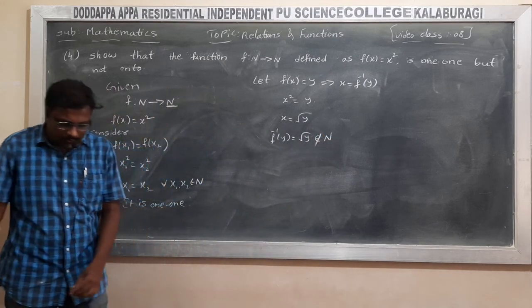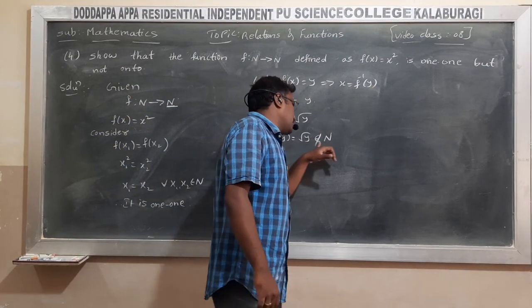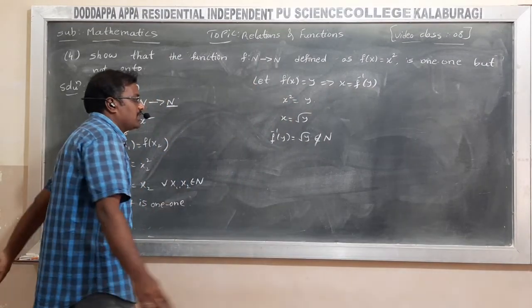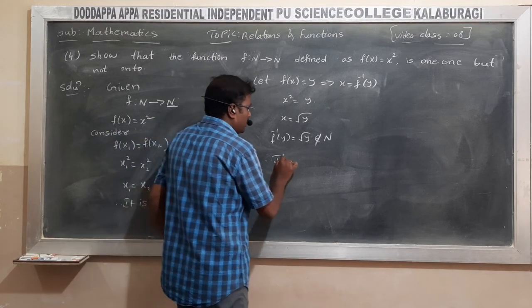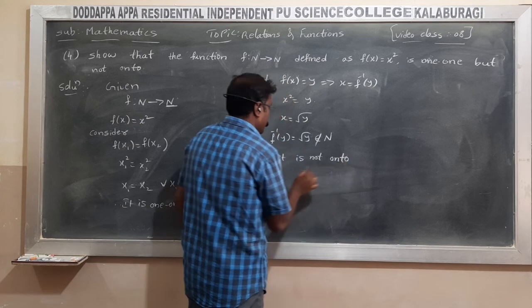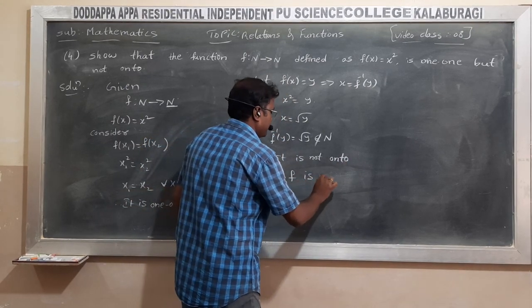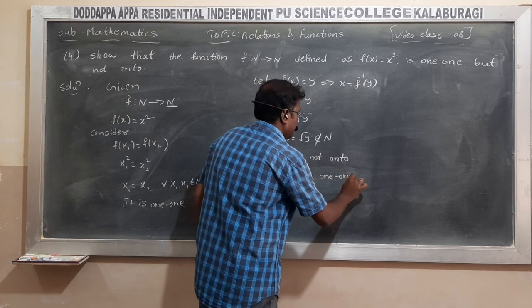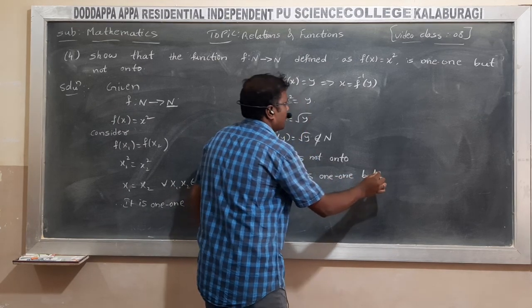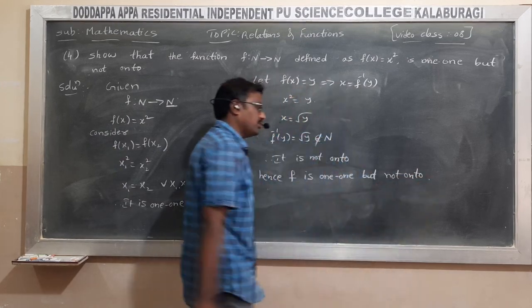No, because root of 1 is 1, but root 2 does not belong to natural numbers. So therefore it is not onto. Hence f is one-one but not onto. Okay.